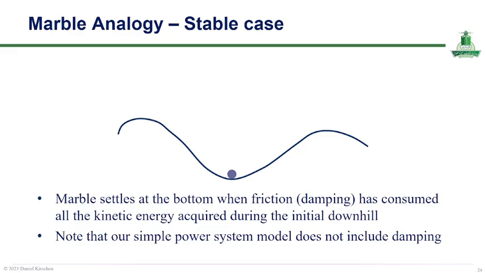However, it is important to note that the simplified power system model shown here neglected damping effects, meaning that in reality, additional mechanisms are required to accurately represent how oscillations decay and stability is achieved.